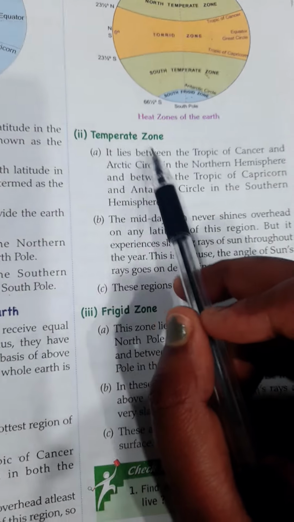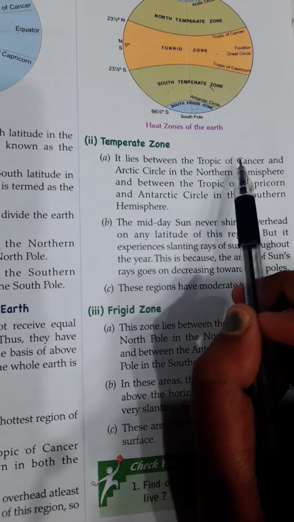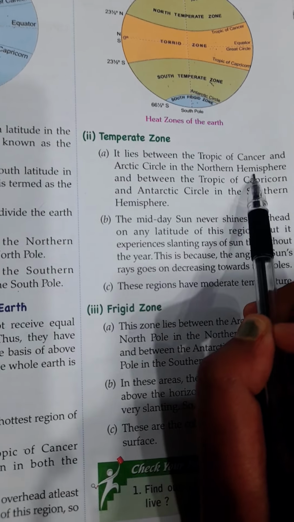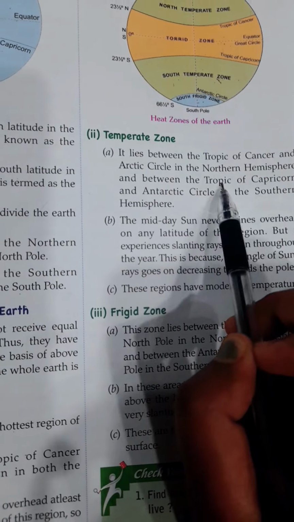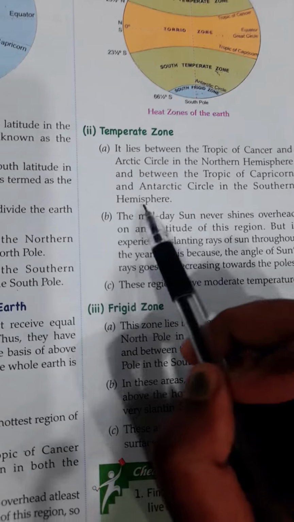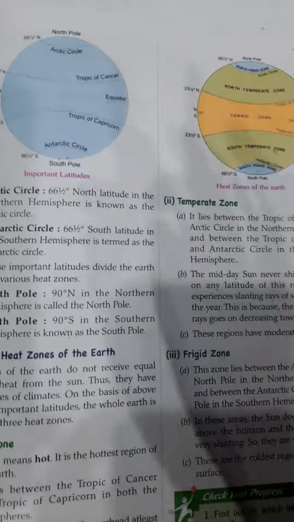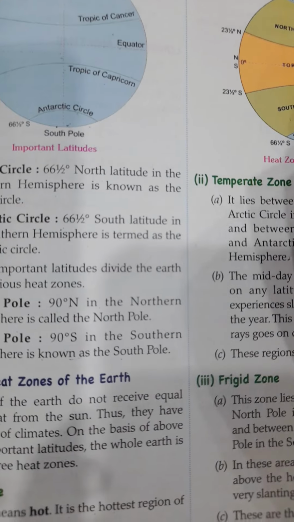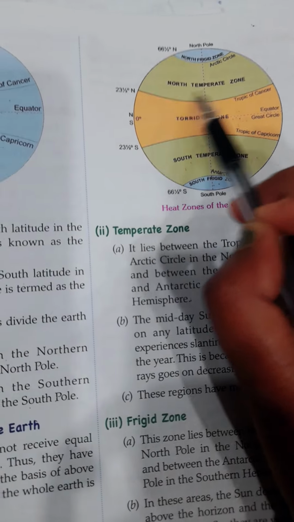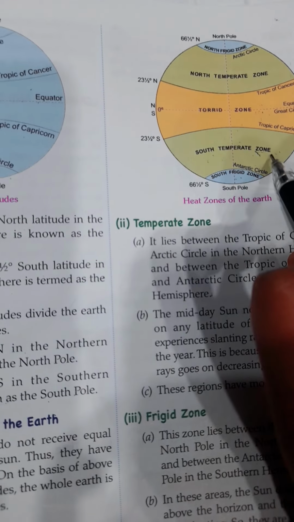Second, the temperate zone. It lies between the Tropic of Cancer and Arctic Circle in the northern hemisphere and between the Tropic of Capricorn and Antarctic Circle in the southern hemisphere. Okay, just see, beta. Northern temperate zone and southern temperate zone.